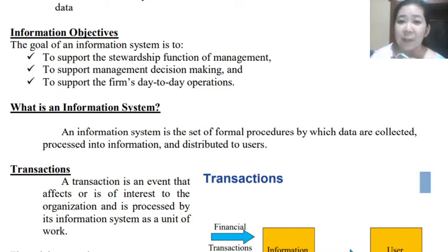An information system is a set of formal procedures in which the data are collected, and after which they are processed and transformed into information which is useful and understandable to the users for decision making. This is what we mean by information system.